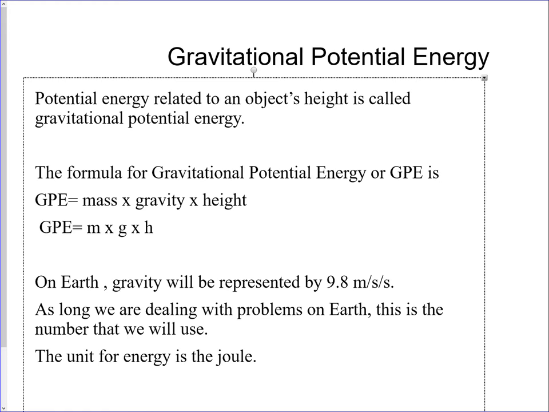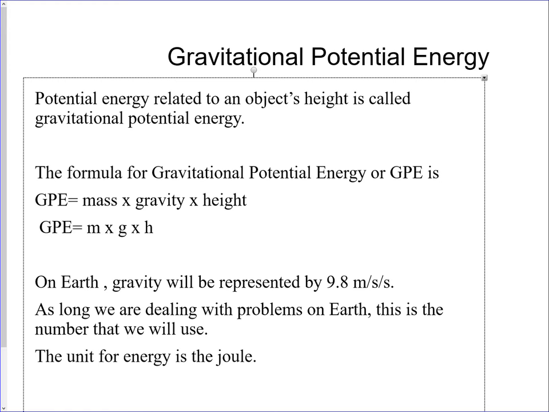Okay. The important thing to know here is that when we're dealing with gravity, we'll mostly be dealing with problems on Earth, because the problems we would have to calculate as a scientist are for the most part on Earth.